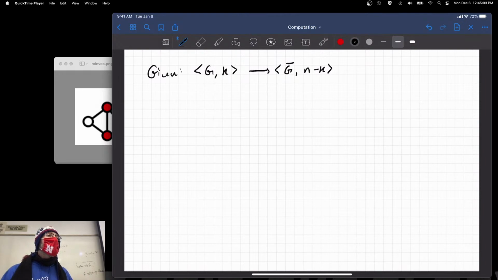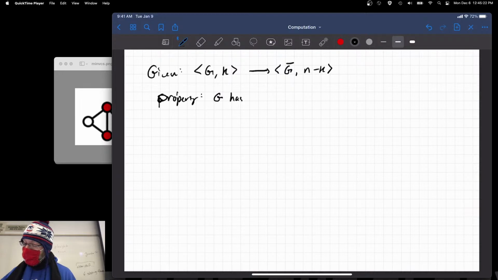Now, before we prove that this mapping is right, let's understand what it is. G is a graph. And here's the property, translated from last time. This is what we're going to try to prove in the next part.